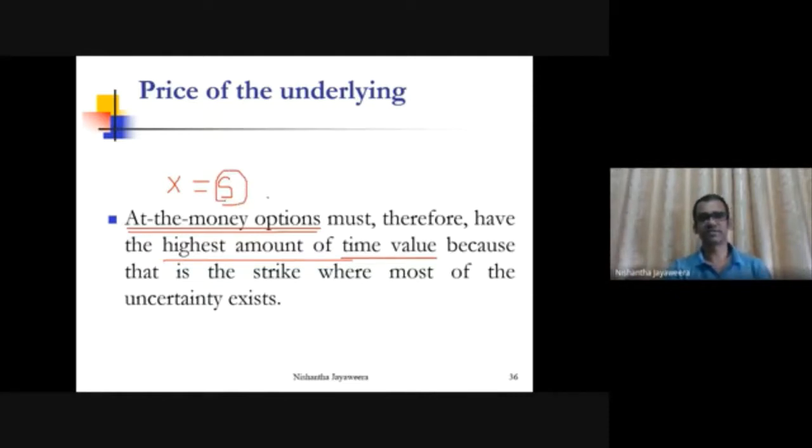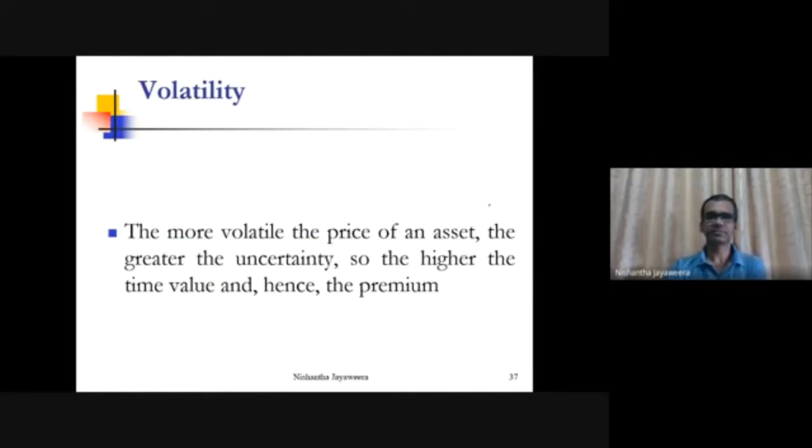Depending on whether it's a call option or a put option, the direction will have an impact, and this option would become an in the money option or an out of the money option. So the highest uncertainty is when the option is at the money. So therefore, time value is high. Any questions?